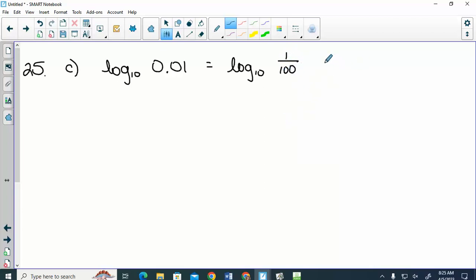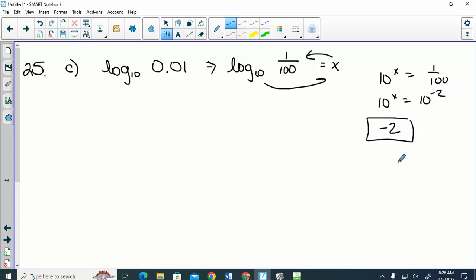So you can make this an equation if you need to, or you can ask yourself, this just means 10 to what power equals 1 over 100? Or if you set it equal to x, you could say that means 10 to the x equals 1 over 100. Common base. So 10 to what power is 1 over 100? The negative is what flips it, and 10 squared is 100.